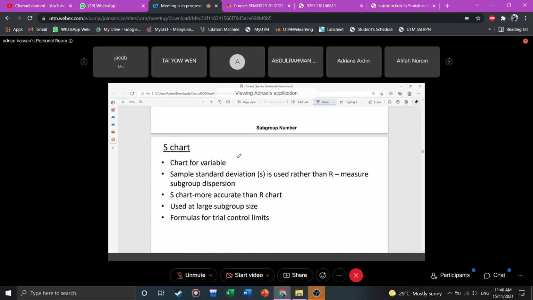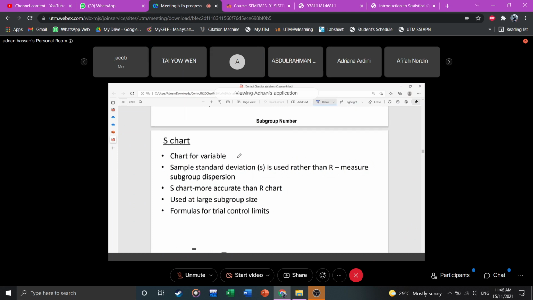Alright, so we will see the example later. I just show the theory first. Let's say now we are using the S chart. The S chart is more accurate compared to the R chart. The R chart uses only 2 values, but this one is normally at least n equal to 10. This chart is for variables.